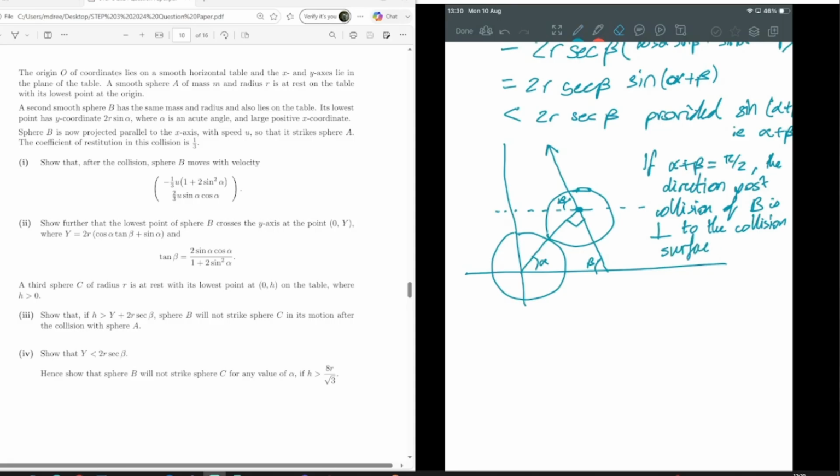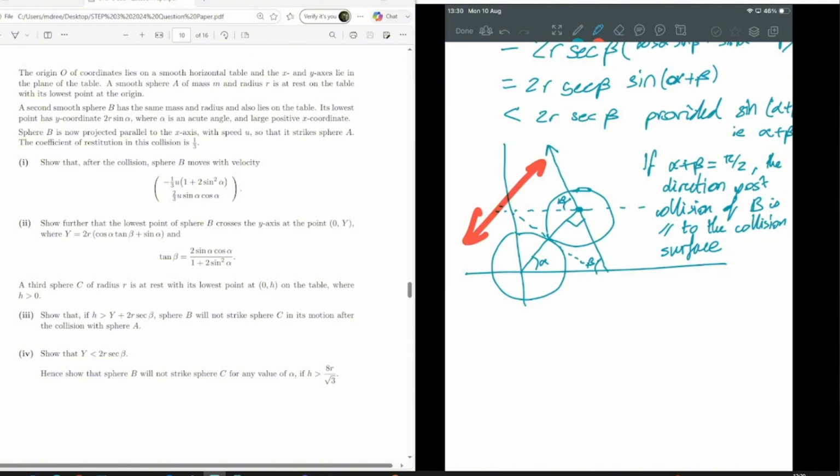The collision surface, which is this dotted line here. So if that was at a right angle, no, it's not perpendicular to, it will be parallel to the collision surface. But if you're parallel to the collision surface, then your momentum in this direction had to be equal, but A had no momentum in that direction.